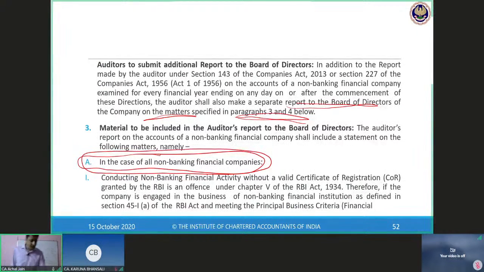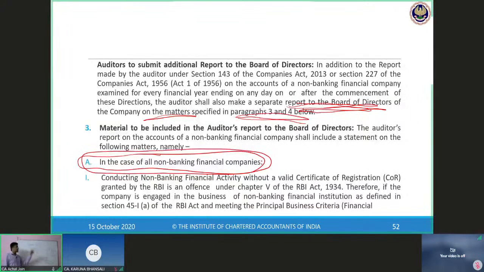Point number 3 was in respect of report to the board of directors, wherein we discussed that auditor shall make a separate report to the board of directors on the matters which are specified in point number 3 and point number 4.